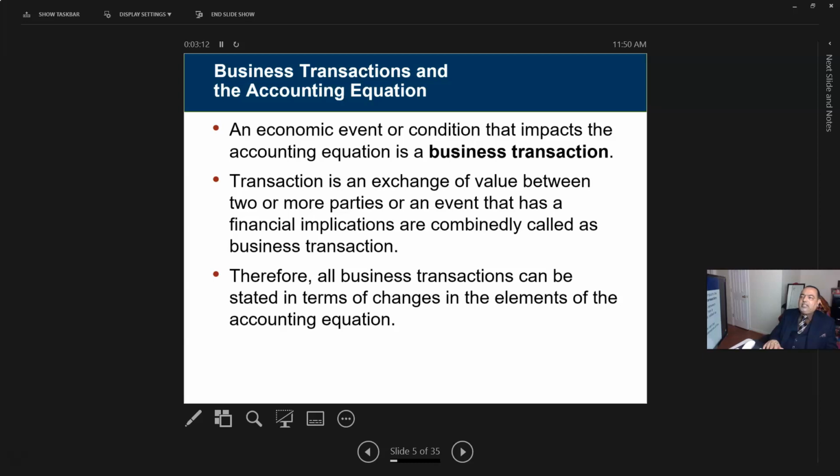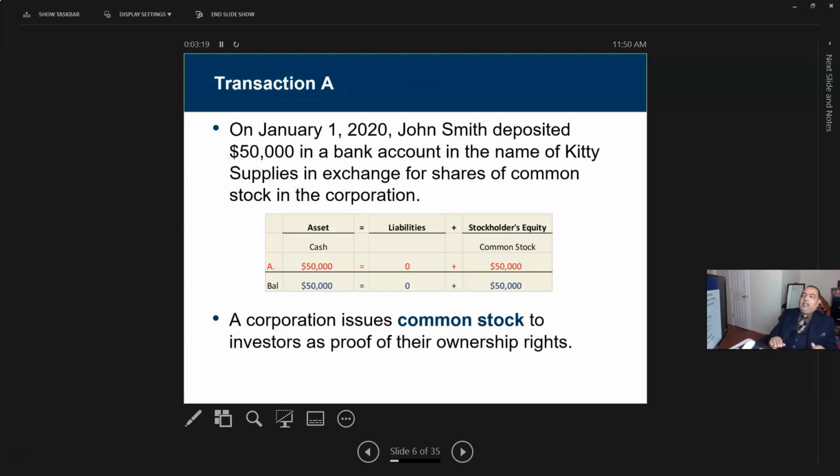So all transactions and events will have an impact on the elements of the accounting equation. We have talked about the accounting equation as assets being equal to liabilities plus stockholders' equity.